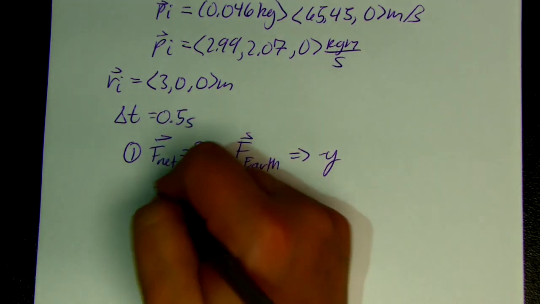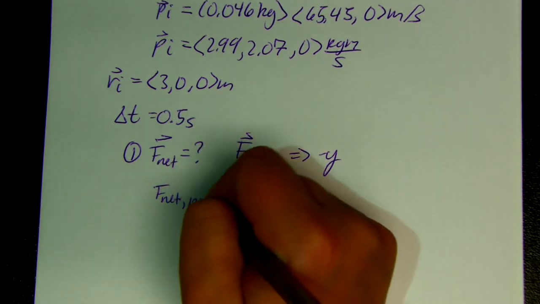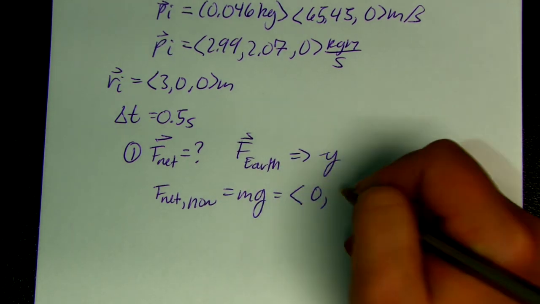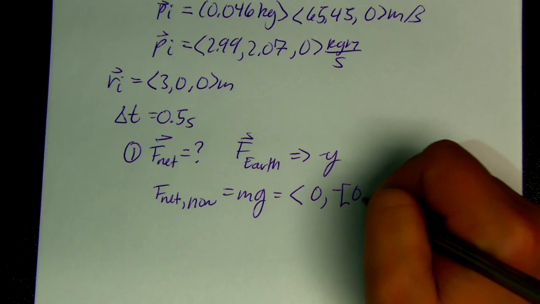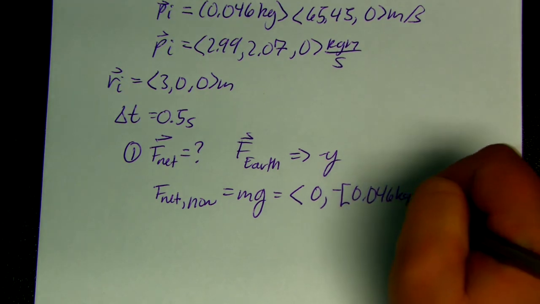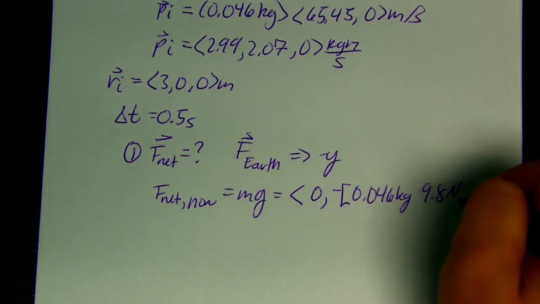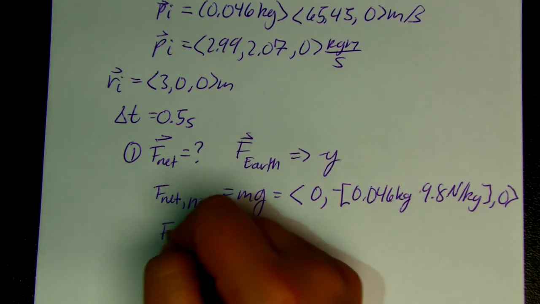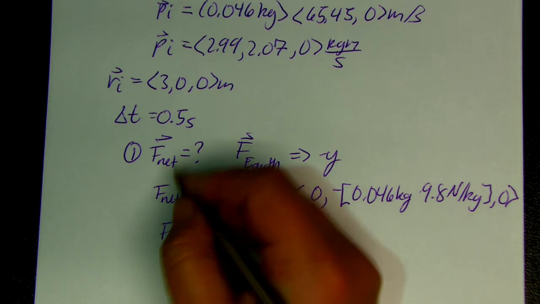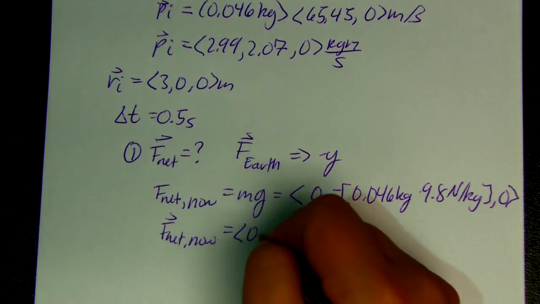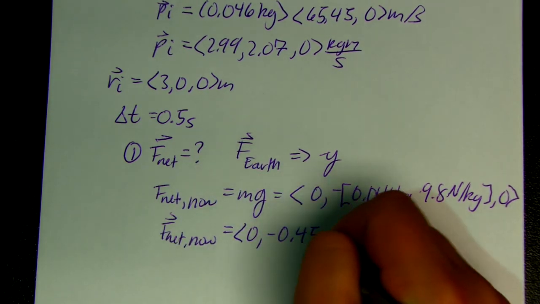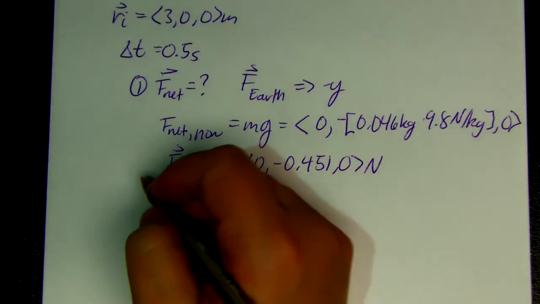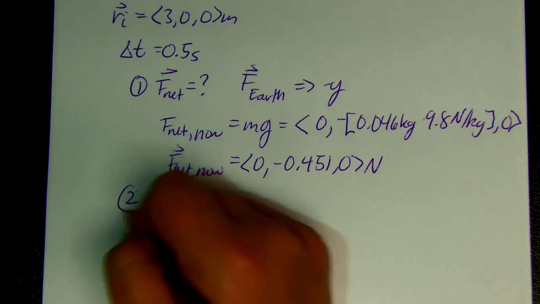So F net now is equal to mg, which is <0, -0.046 kilograms times 9.8 newtons per kilogram, 0>. F net now is equal to <0, -0.4510, 0> newtons. Okay, so that ends step 1.